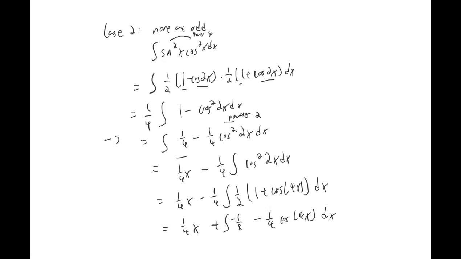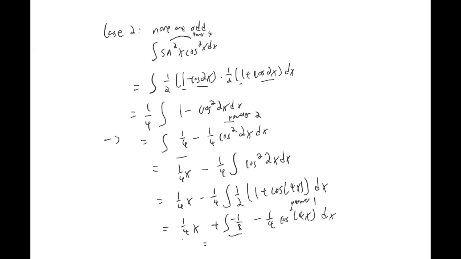Now, do you all agree this is easy, right? You can integrate each of these terms. This thing's to the power 1 now. Now it becomes very simple. So the first one, let me just go faster. The integral of this is just negative 1/8 x.